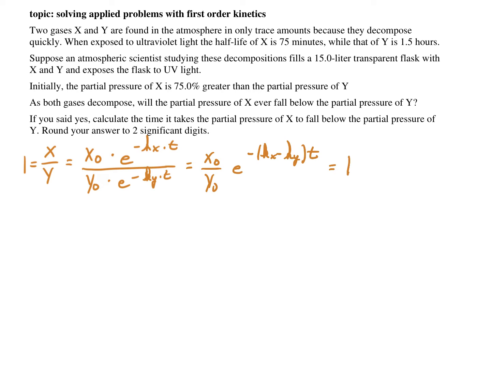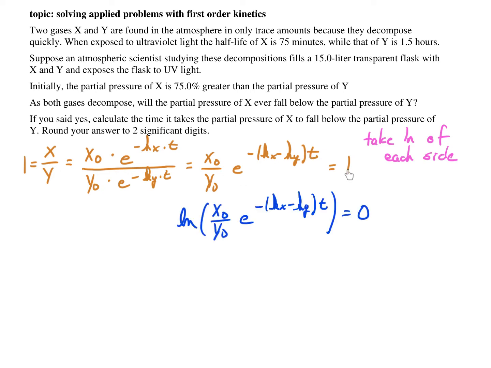At this point, we're going to take the natural log of each side, because what we're trying to do is solve for t, so we need to get the t out of this exponential expression. The natural log of 1 is equal to 0.